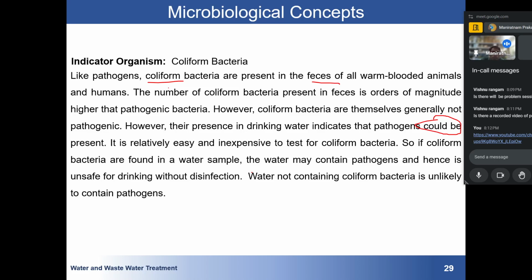After treatment also we do some tests to measure the indicator organisms. Water not containing coliform bacteria is unlikely to contain pathogens.